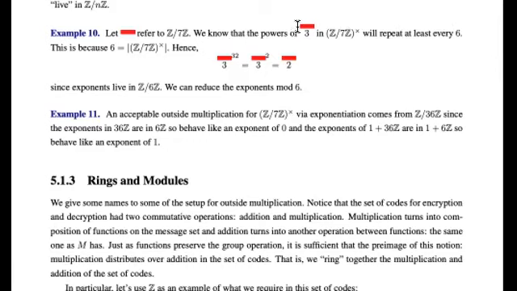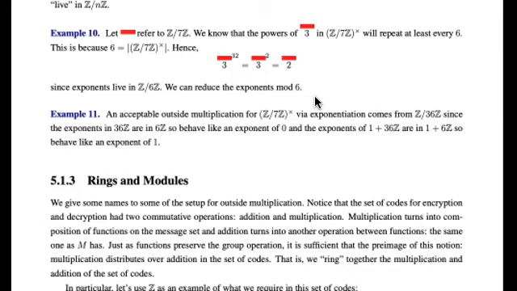And so you know the powers of this repeat every 6. So you could just reduce this, think, okay, mod 6, in the exponent. It simplifies our calculations when we're working in mod 7 arithmetic and taking exponents, knowing where the exponents live.